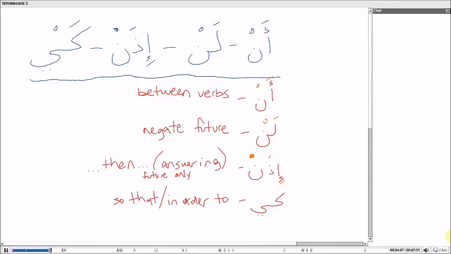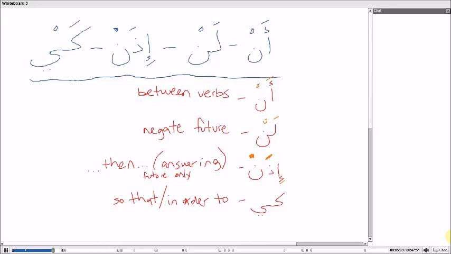If something, then we'll do this. So this is an answering, idhan, it's in response, and for the future, right? Something regarding the future, and it makes the present tense verb, fi'l mudari, mansoob.